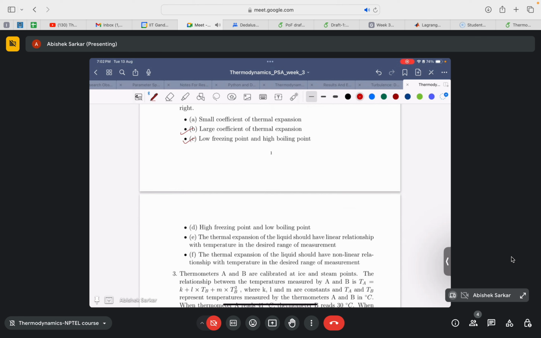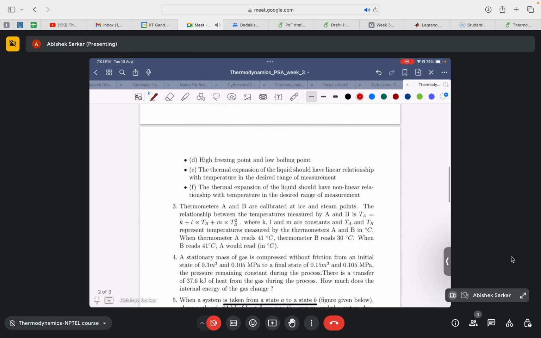Because if the boiling point is very low and the freezing point is very high, the range of operation will become lesser. The liquid will change to solid if the temperature goes beyond the freezing point, and it will start to boil once the temperature goes above the boiling point. That's why we need to increase the range of operation of these thermometers, so it is preferable to have a very low freezing point and a high boiling point.